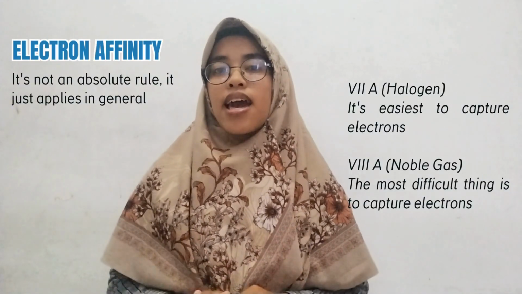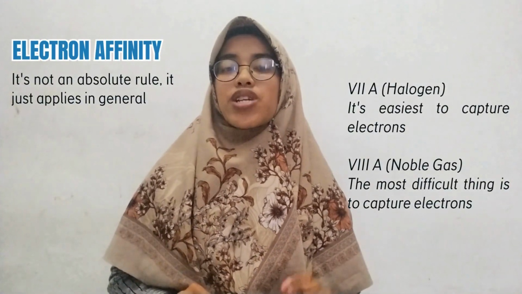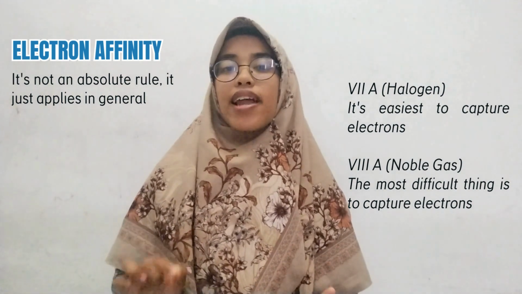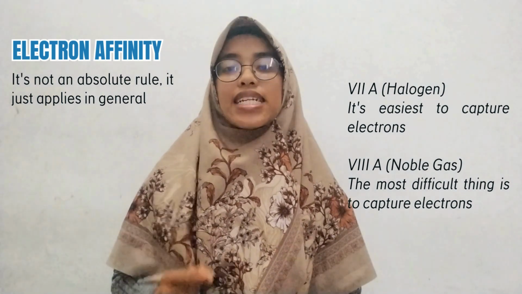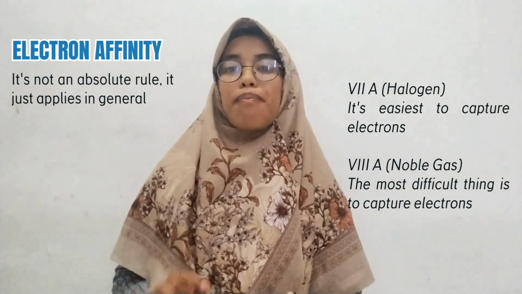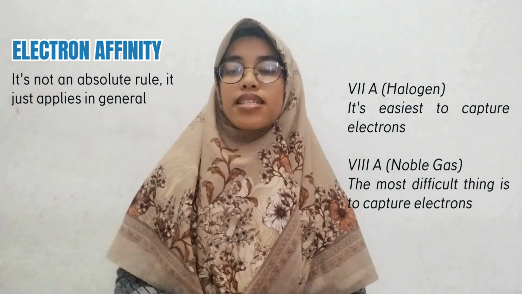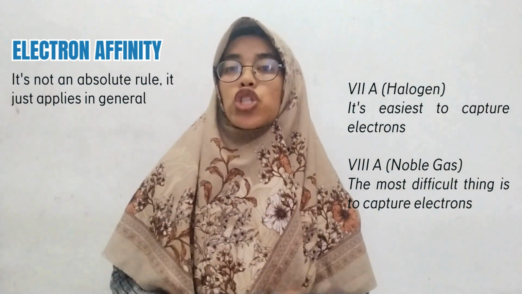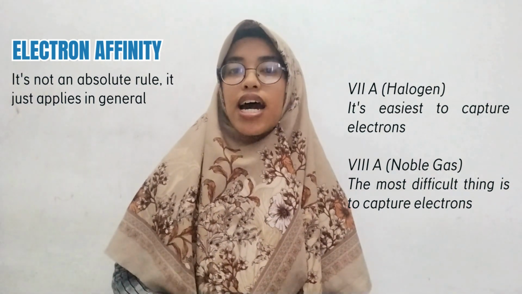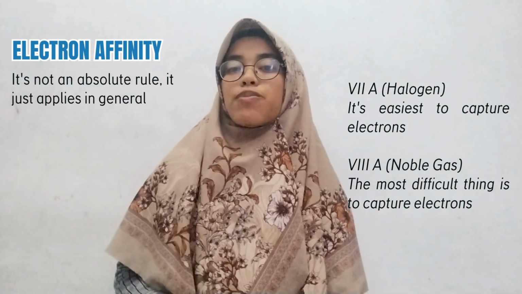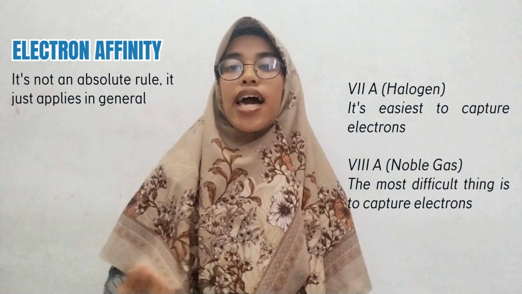We know that the electron affinity value is not absolutely regular like that, but this provision only applies in general. The elements that are easiest to capture electrons are group 7A, or we call them halogens.